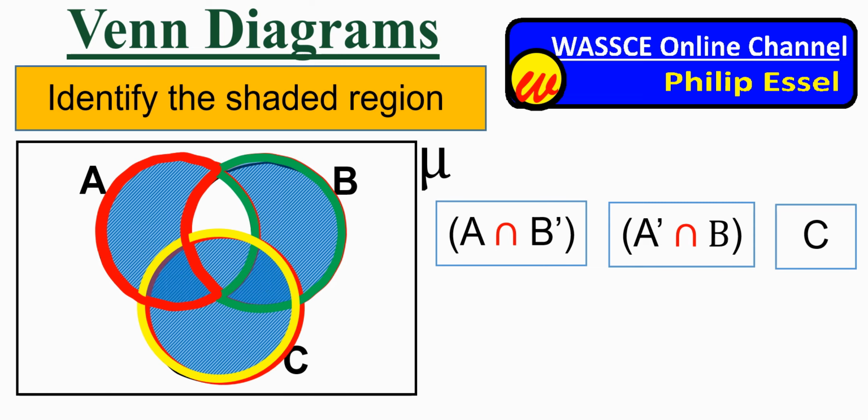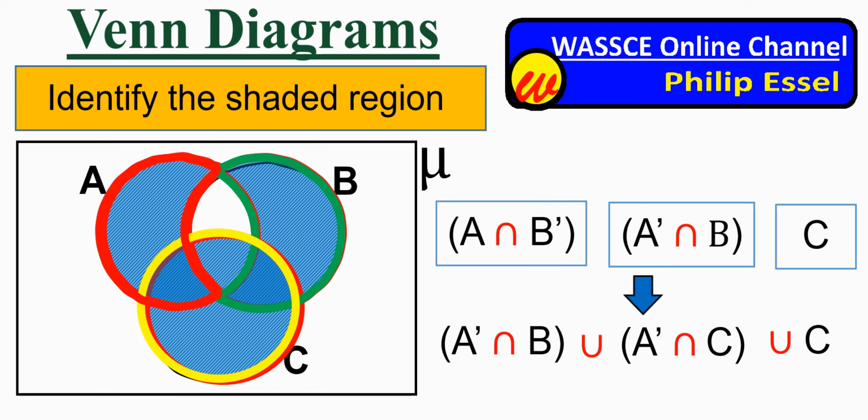In other words, they have formed a union. So when they form a union, the notation for the shaded area will be (A intersection B complement) union (A complement intersection B) union set C. So that's the answer for this problem.